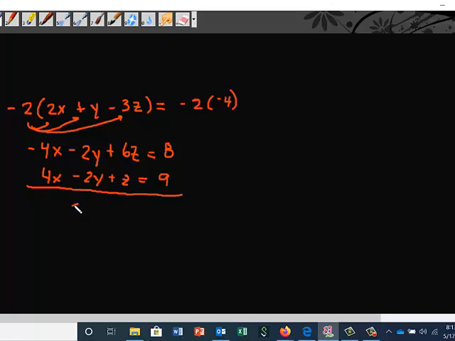However, we get -4y plus 7z is equal to 17. So here we have equation 1 being multiplied by -2, and then we add equation 1 multiplied by -2 to equation 2 to get our equation 3. So this is our equation number 3 right here.